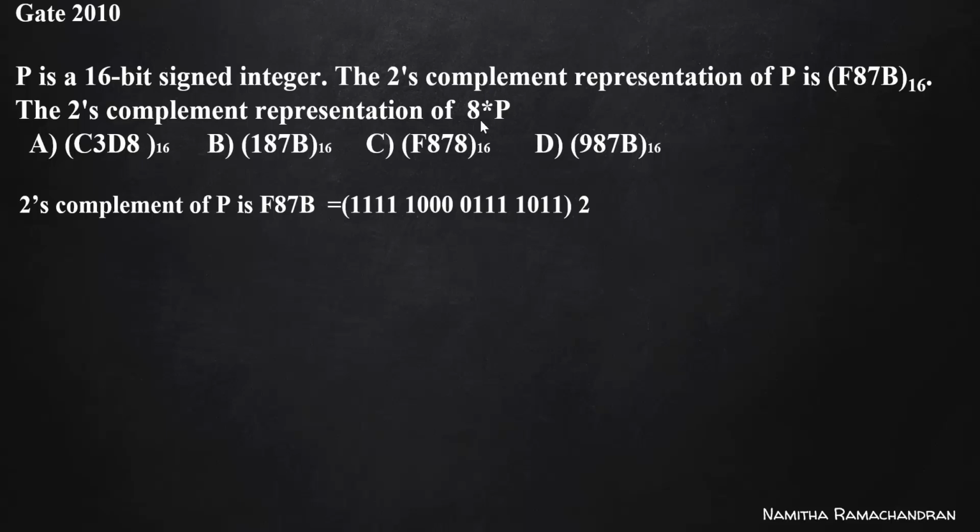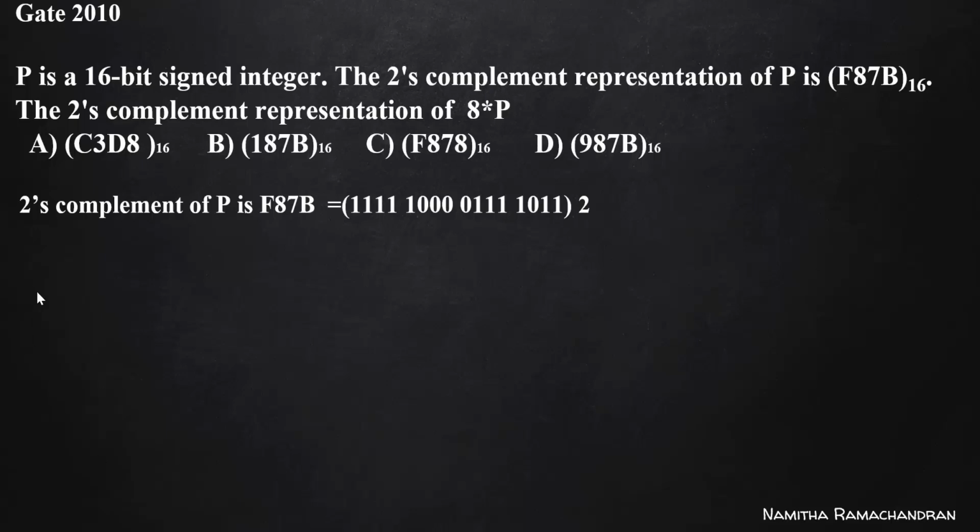So 8 means decimal 8. So positive 8 into a negative number means result is again negative. Okay, so one method is we can take its decimal equivalent, then multiply with 8 and get the decimal product value, convert back into its binary form or convert directly into its hexadecimal form.